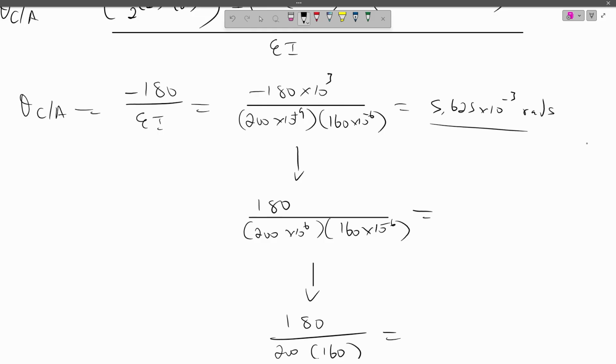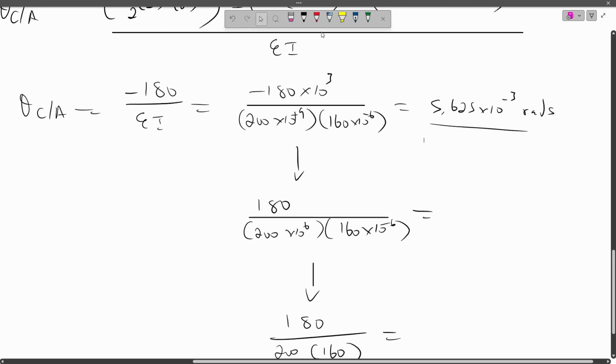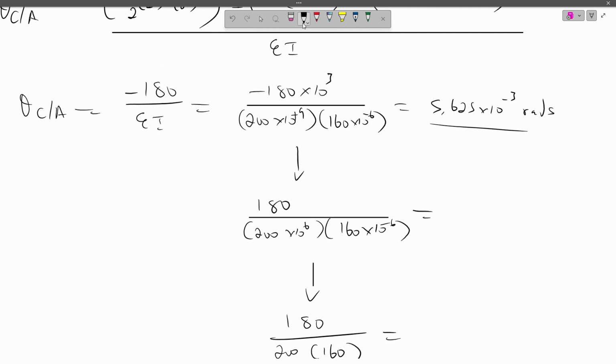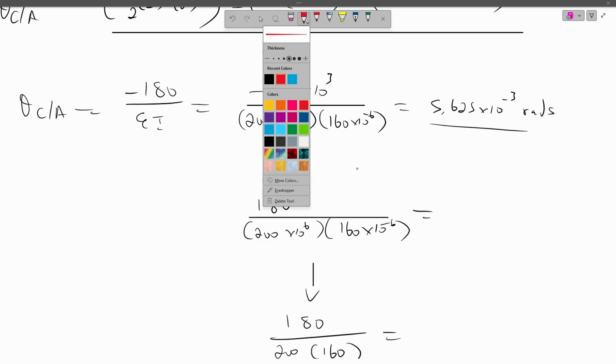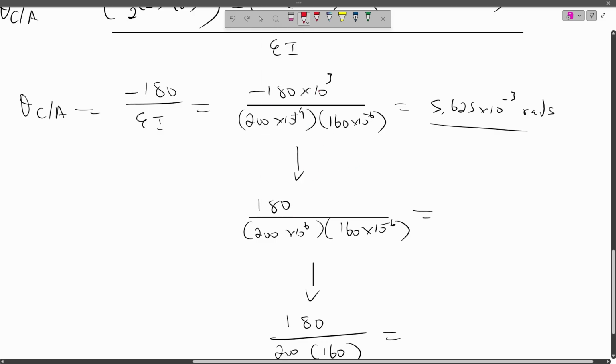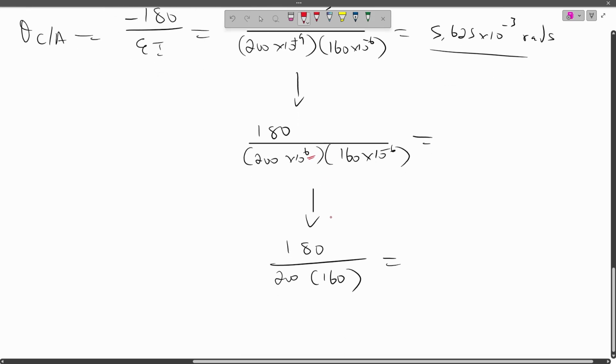Now let's look at our deflection. First, let me explain this part. In this part, these 3 cancels out one of the 3 here, and then we're left with 6. And then in this part, this 6 cancels out the negative 6, and then we're just left with this equation.